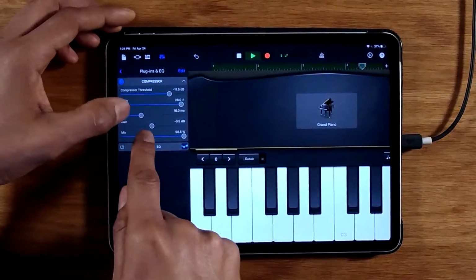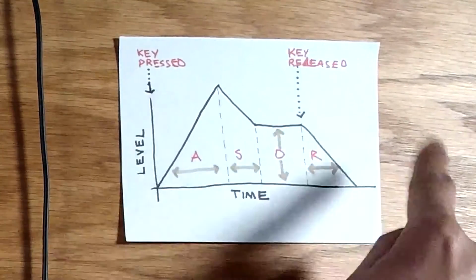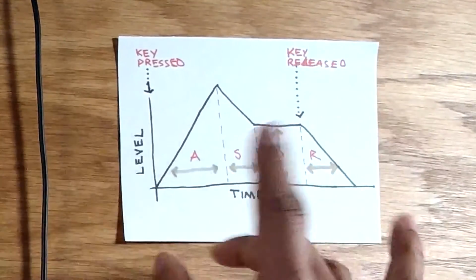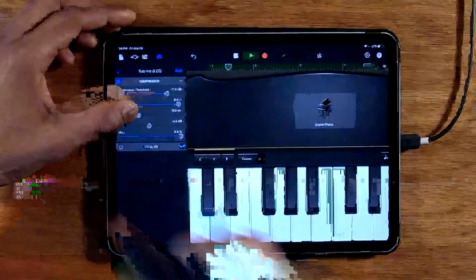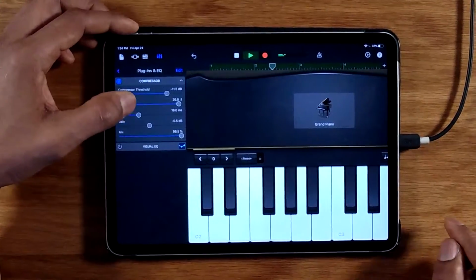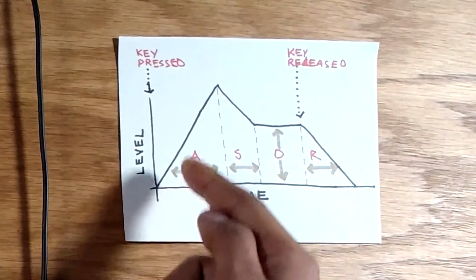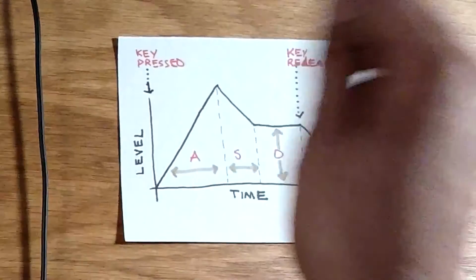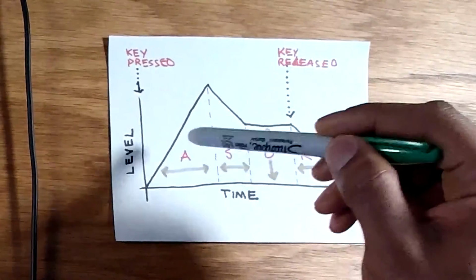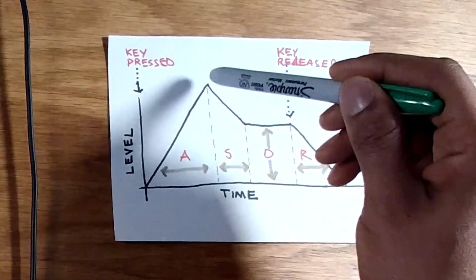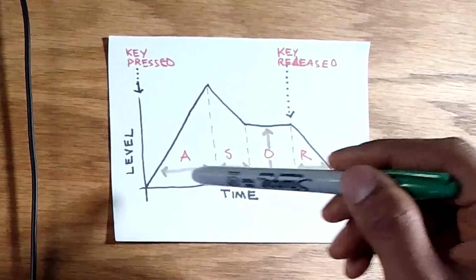Okay, the attack, similar to this, because these are controls that kind of follow us through all of our sound design and programming. The attack is starting at 16 milliseconds. So at 16 milliseconds, so you press the key. Let's just say this is 50 milliseconds from here to here, because we're just making estimations, right?